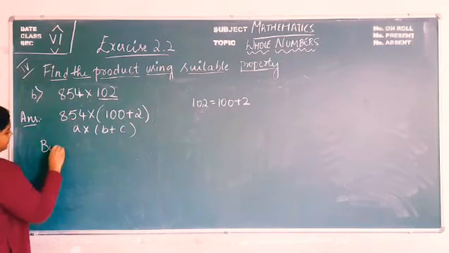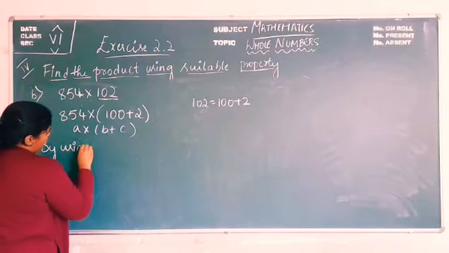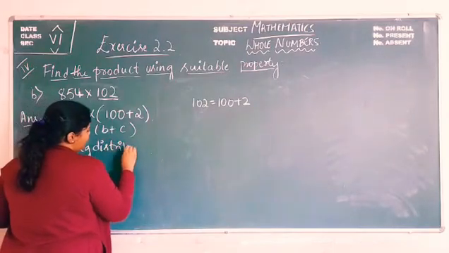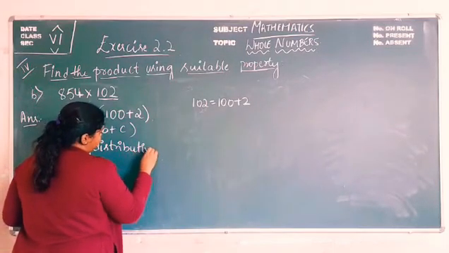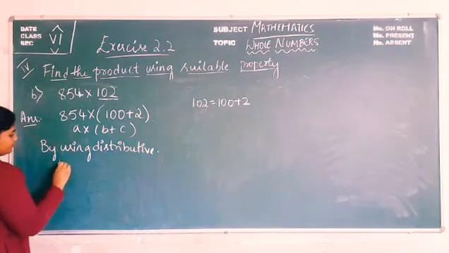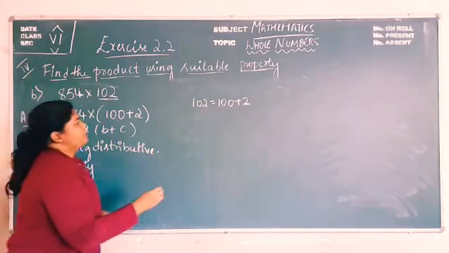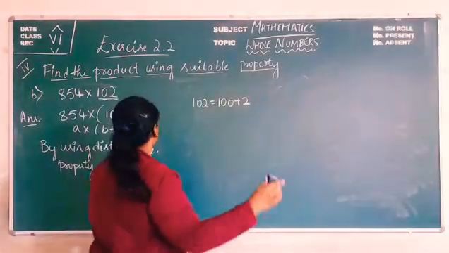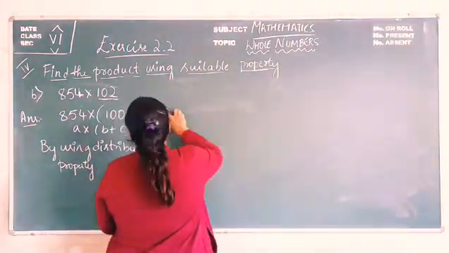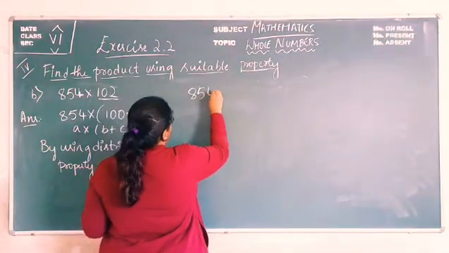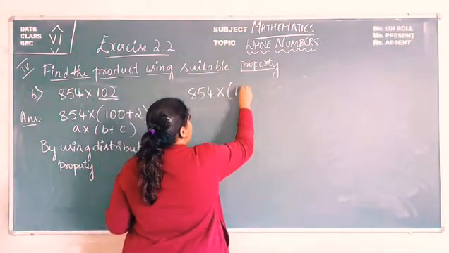So by using distributive property, we got 854 into 100 plus 2.